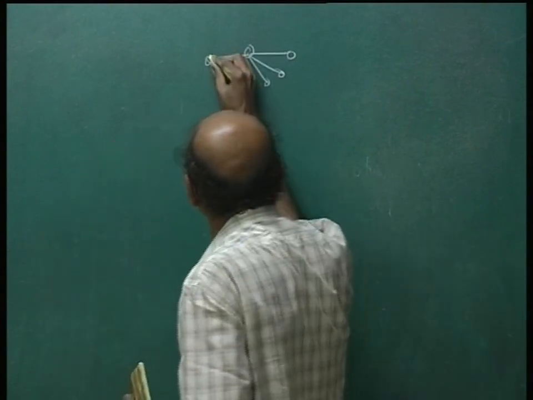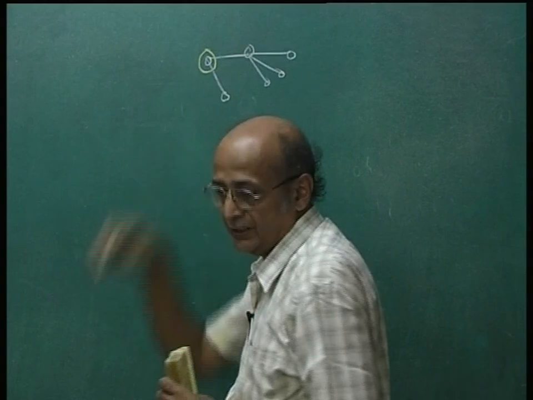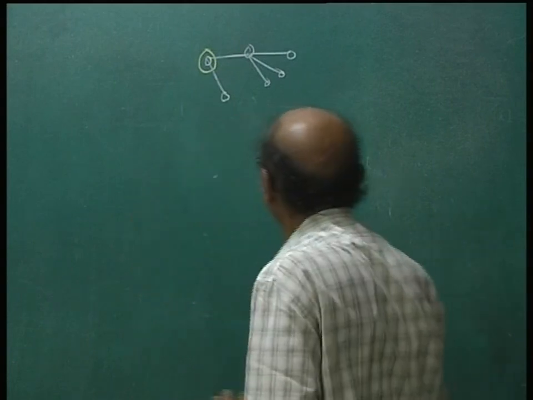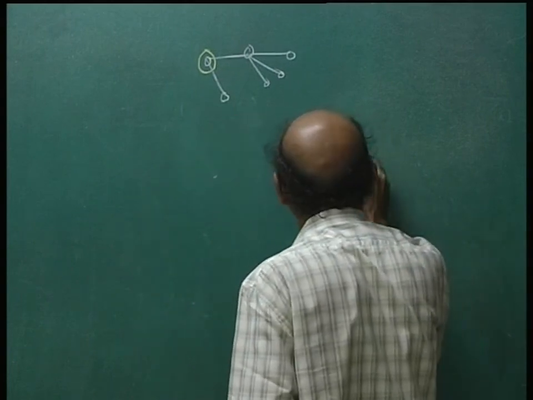I could root this tree here at this vertex, and then I can redraw it.